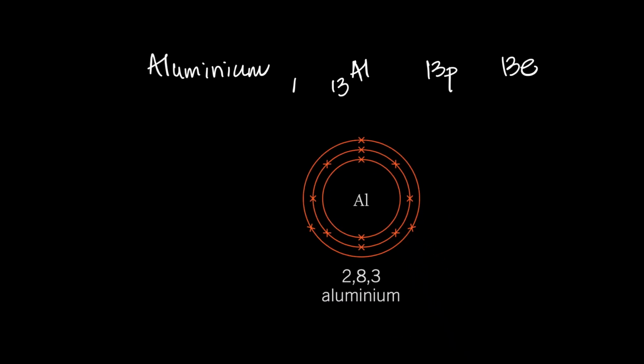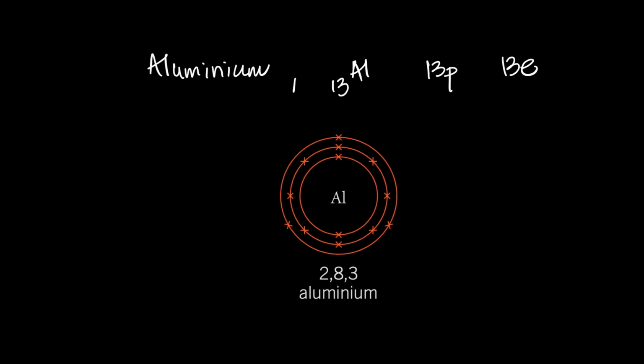Another example, aluminum. Now aluminum is Al, and the spelling is aluminium. The British call it aluminium, and the Americans call it aluminum. It has proton number 13, meaning 13 electrons. So here would be the electron structure for aluminum.